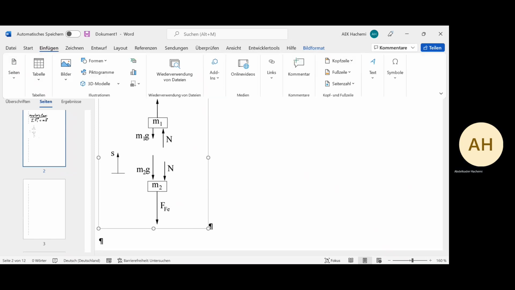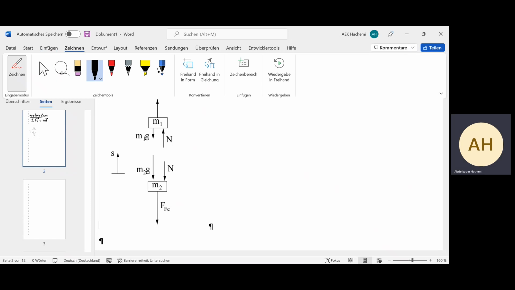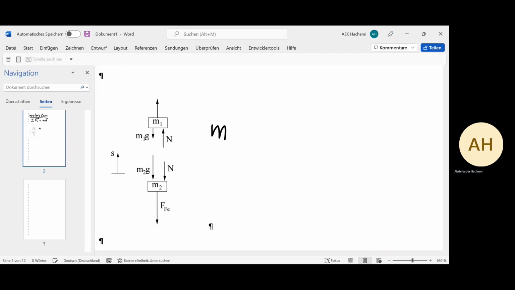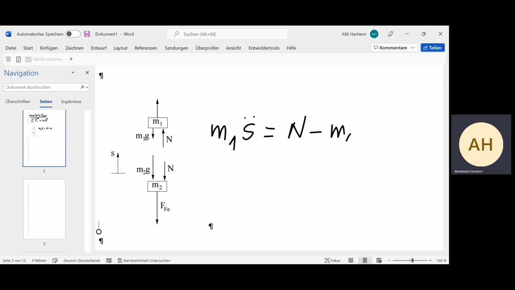In this case, if we are at the equilibrium, then we have M1 multiplied by S double dot, the acceleration, which is equal to N minus M1 multiplied by G. Then in this case, we get N, which is M1 multiplied by S double dot plus G.